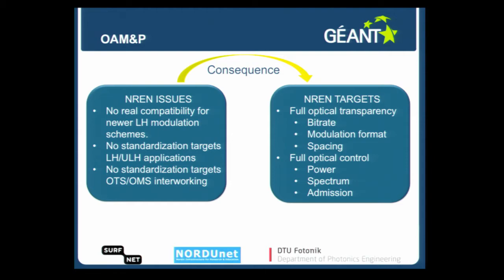As a consequence, when we try to put these alien waves into service and work with them, we need full transparency in terms of bitrate, modulation format, spacing, and full control of the spectrum and admission. What do we load? Which channels do we load, and can we turn them off again?